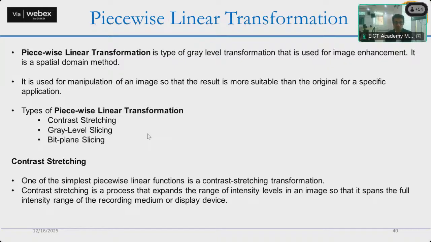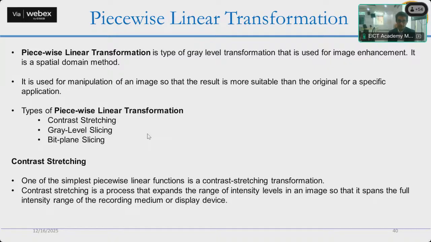Now, after that transformation, comes another transformation, the piecewise linear transformation. What are you doing in piecewise? Definitely from the name itself, piecewise will work on some area only. It is a spatial domain method.